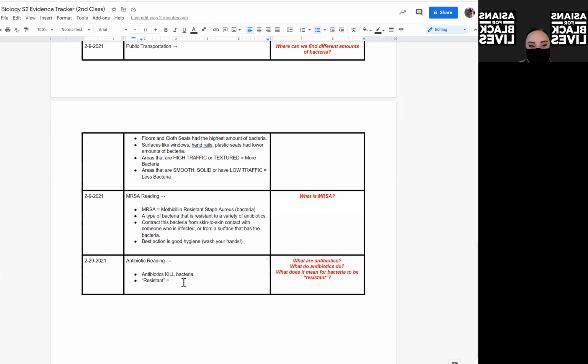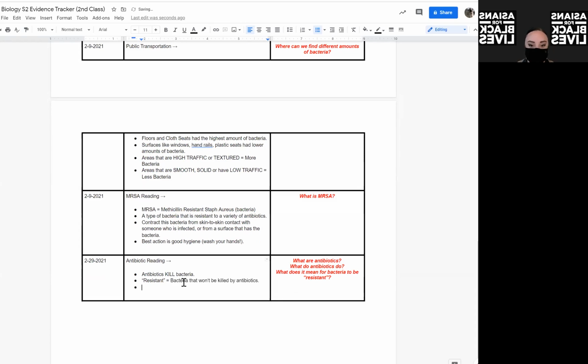We just went over the answer. Kill, yes. Because what do antibiotics do? They kill bacteria. So if bacteria are resistant, then these are bacteria that won't be killed by antibiotics.